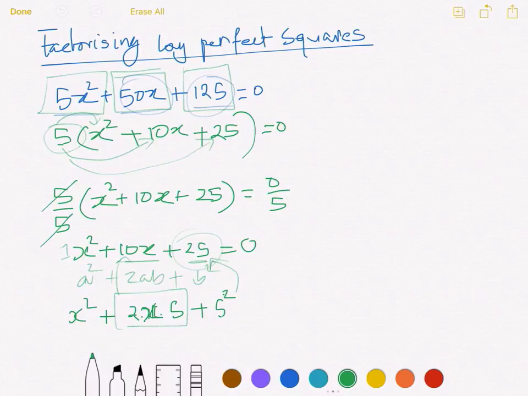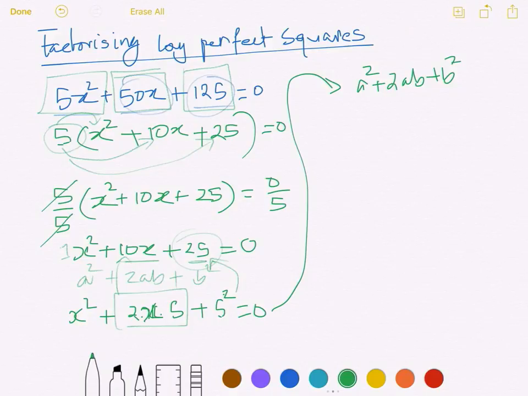So now from this expression we can go a little further. We know that the formula says a squared plus 2ab plus b squared is in fact a plus b whole squared.